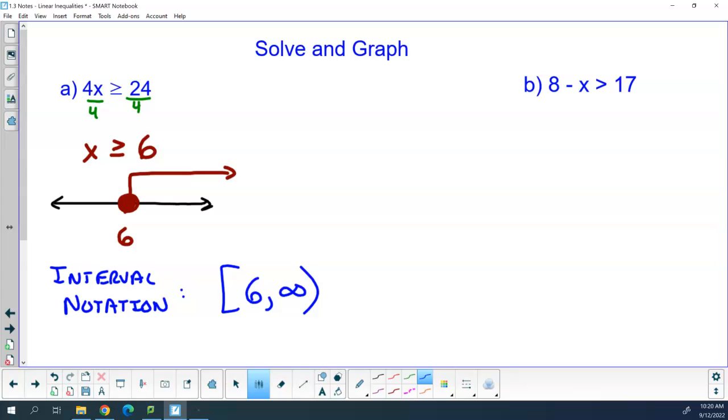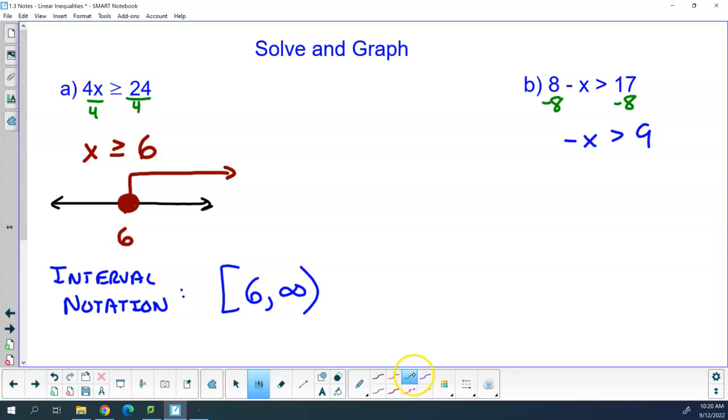What would you do first in D? Subtract 8 on both sides. Then that gives me negative x is greater than 9. What will we do next? Divide by negative 1.